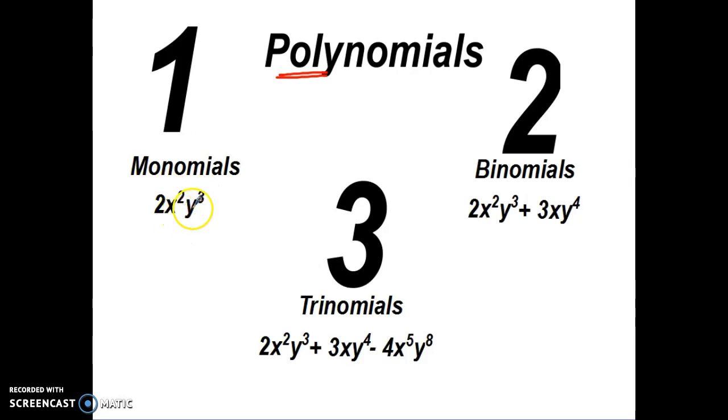So technically this is a monomial, but this binomial falls under the bracket of a polynomial because it's more than one. And this trinomial falls under the bracket of a polynomial because it's more than one. So we can say these are polynomials as well because it's more than one term. Just understand that. But a two-term has a special name called a binomial, and a three-term has a special name called a trinomial. And after we get past three terms, they're all just called polynomials.